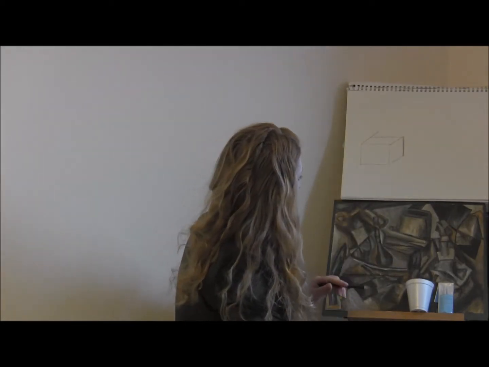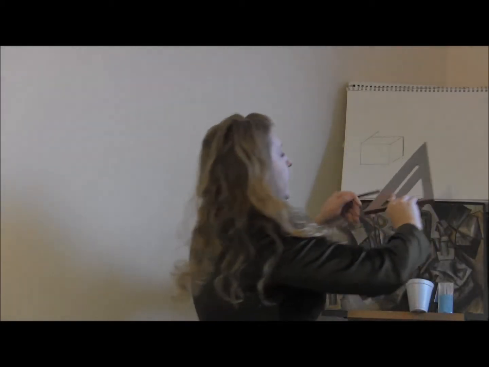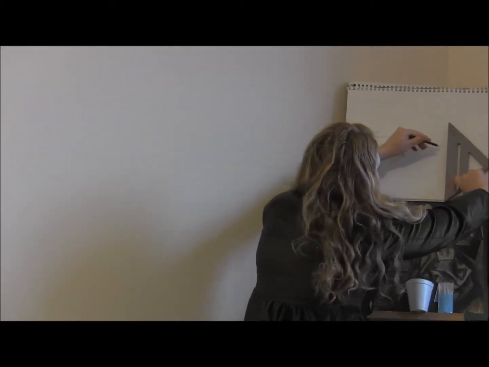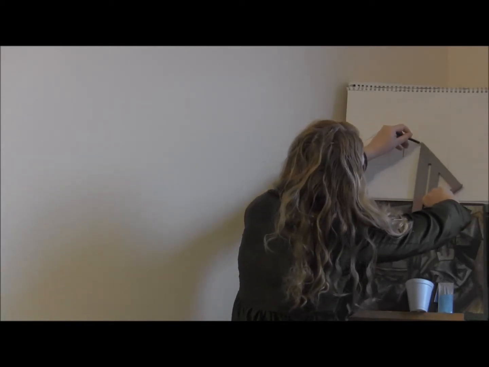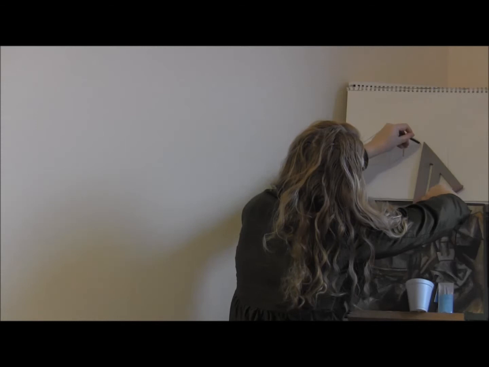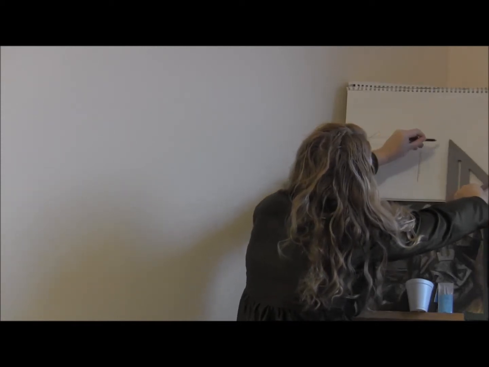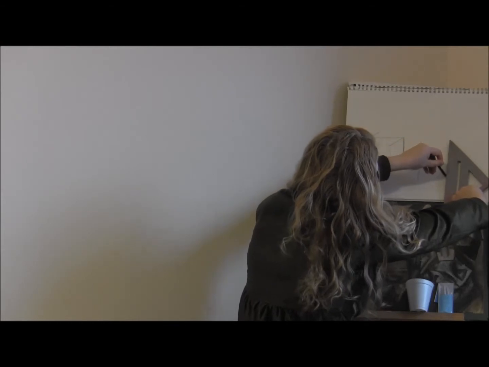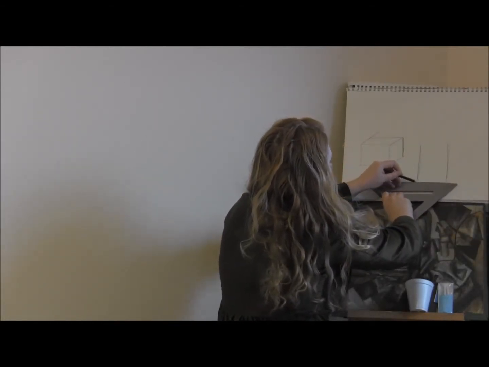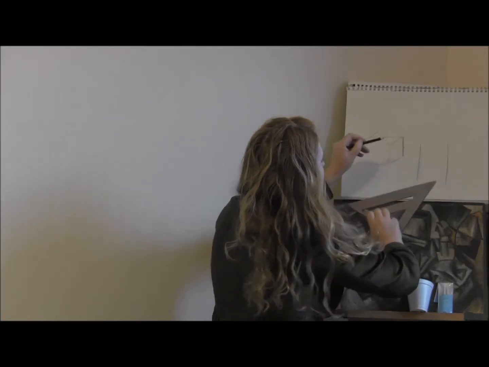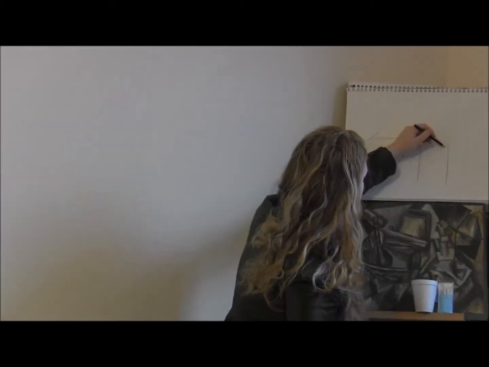As for a cylinder, you can start it out similar to a cube in that you can create a box or a rectangle. I'm just going to darken this line so you can see it a little bit more. And this one I'm going to do light across both the top and the bottom.